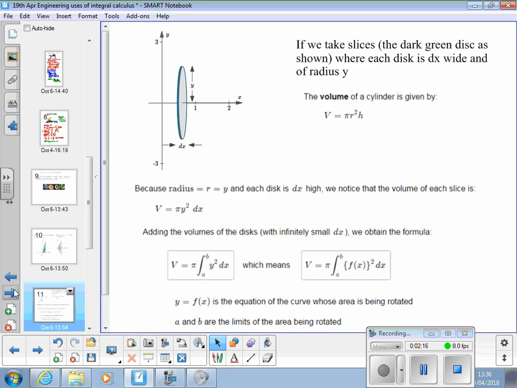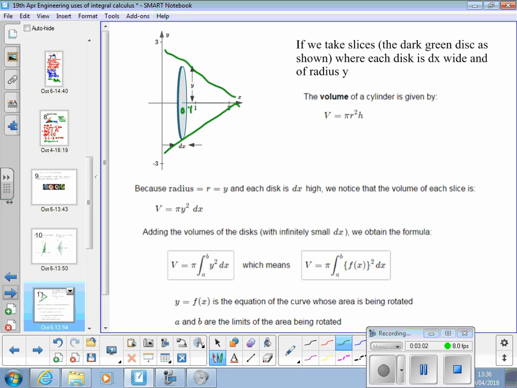If we take a thin slice of width dx, so that would be where x is there, let's say 0.7 or whatever.